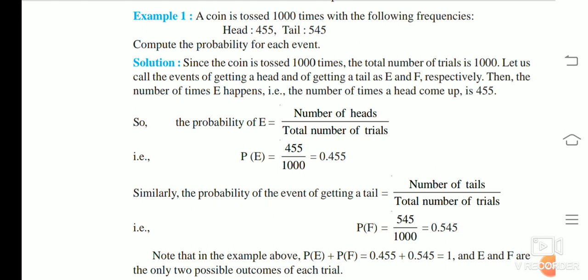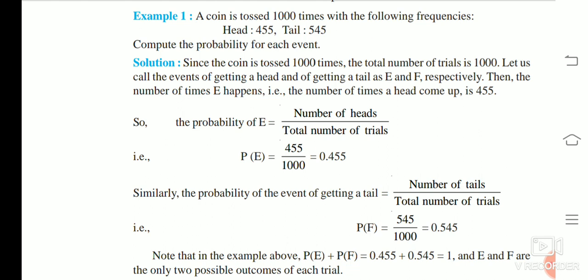Now compute the probability for each event. So for that, the probability of E equals number of heads divided by total number of trials. So further, how to write the answers? Since the coin is tossed 1000 times, it should be written in the denominator.